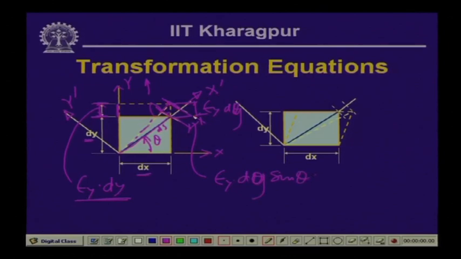Epsilon y dy is the vertical extension, and the component along the diagonal direction is epsilon y dy sin theta.